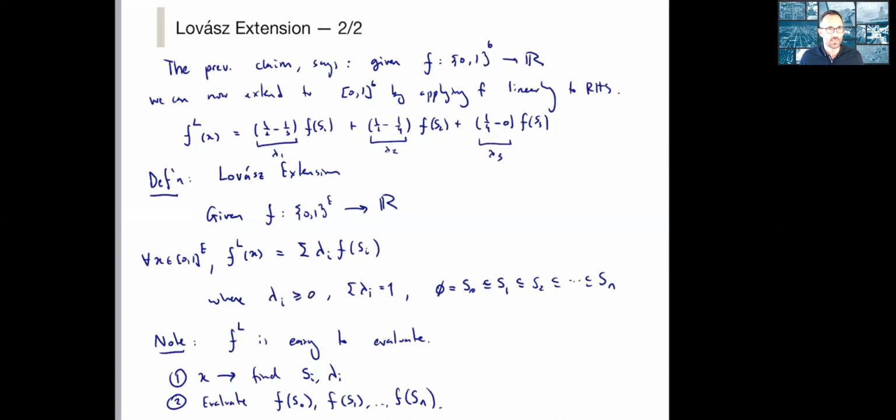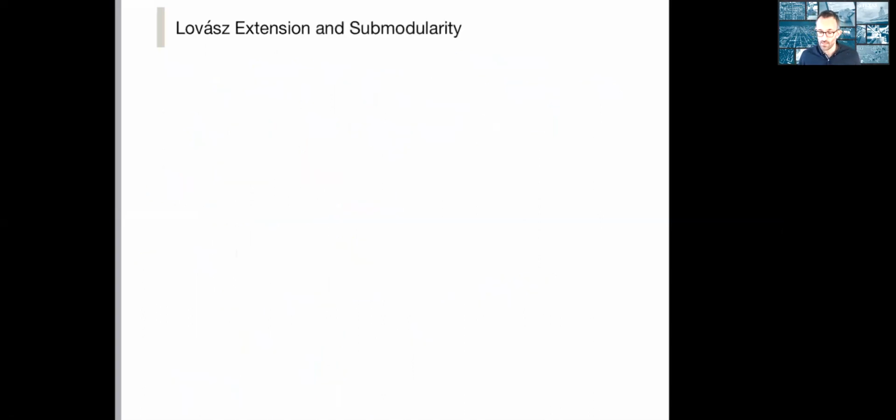So we're going to conclude this lecture by showing that the Lovász extension coincides with the convex extension, f minus, exactly when f is submodular. In other words, we're going to show that f^L of x equals f minus of x if and only if f is submodular, and I'm not assuming monotonicity here.